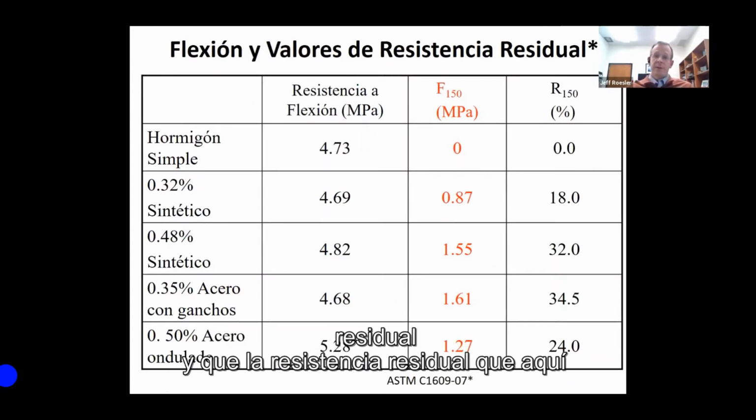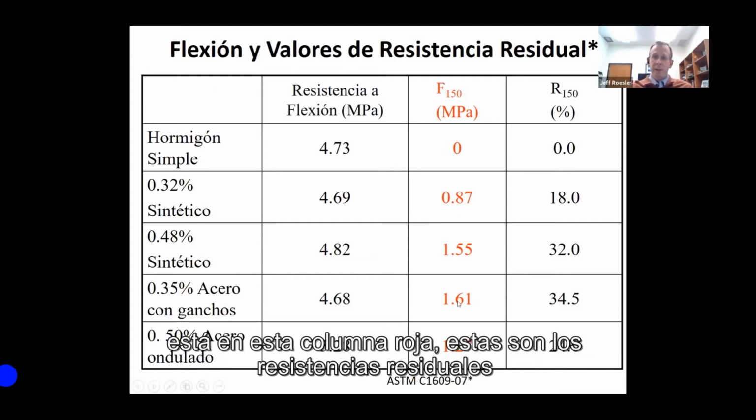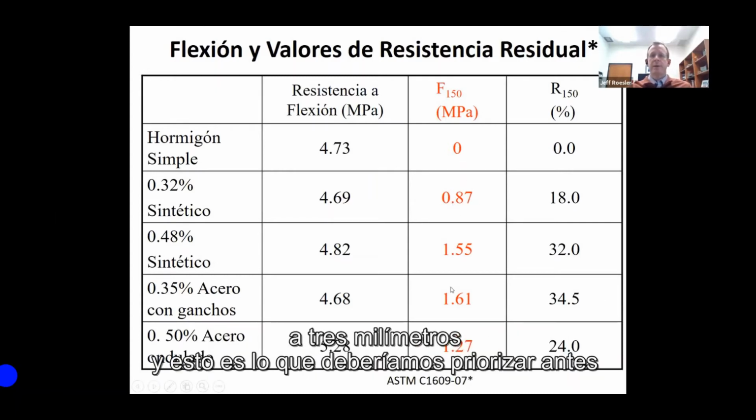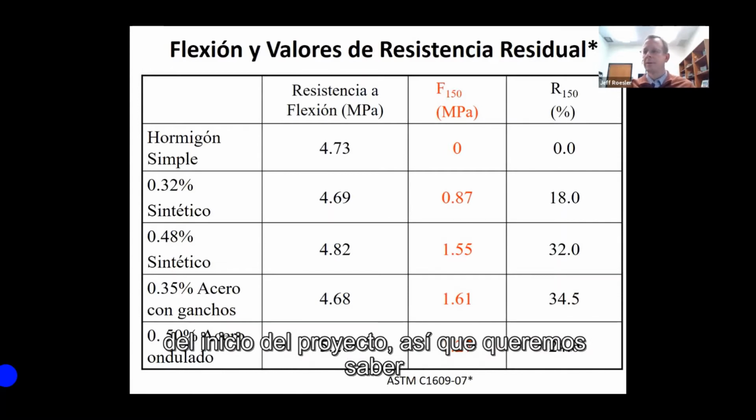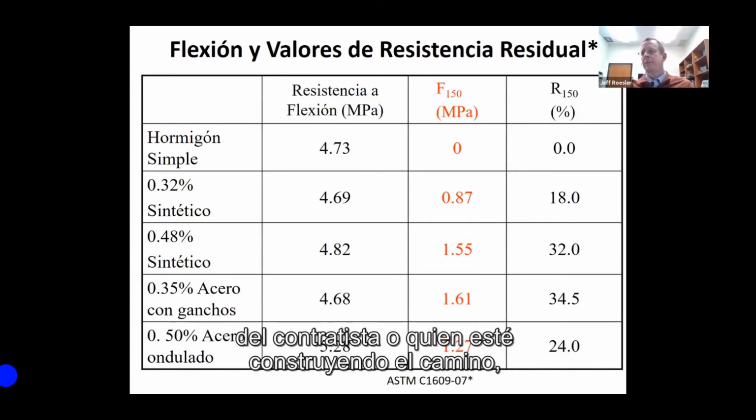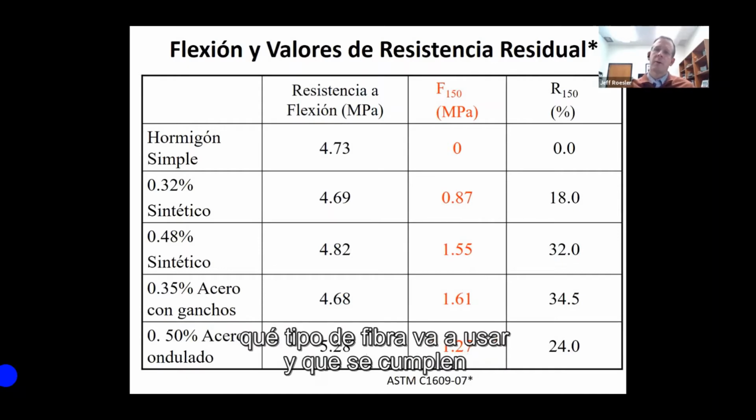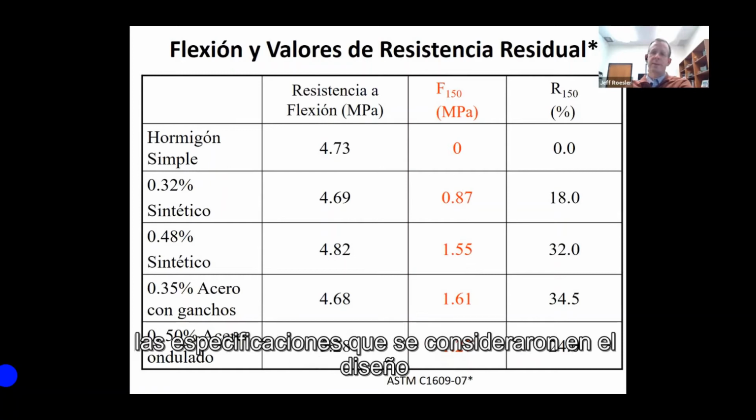The residual strength here is in this red column. These are the residual strengths at 3 millimeters. And this is what we would do prior to the project beginning. So we'd want to know from the contractor or whoever is building the road, what fiber type are you going to use, and do you meet the specification that is used in the design?